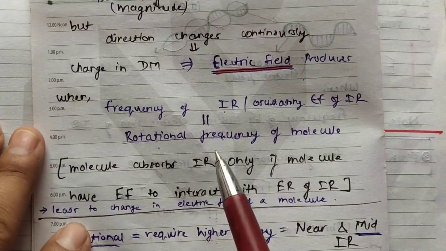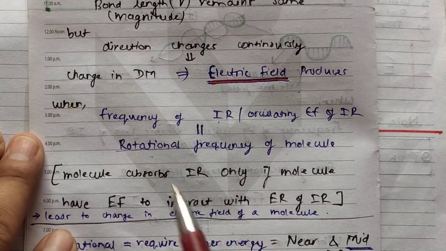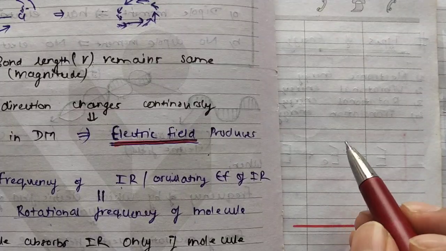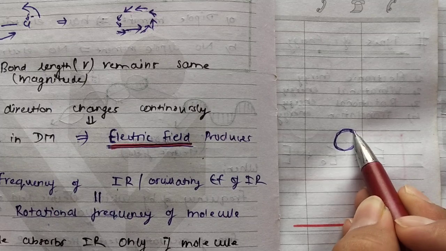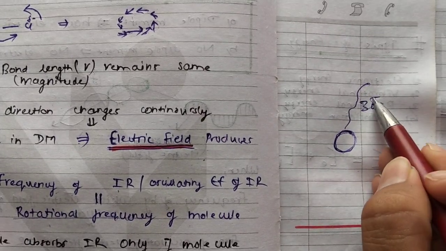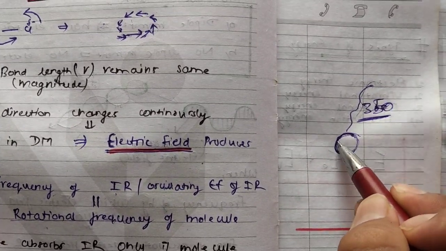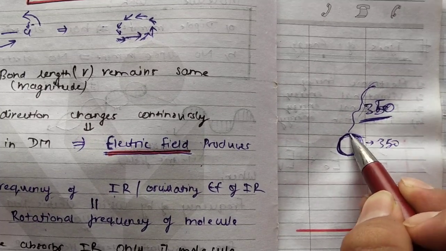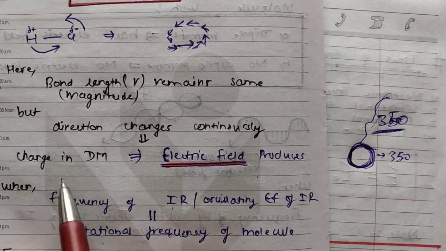If this rotational frequency of the molecule matches with the frequency of IR, then the rotation frequency will increase. Suppose a molecule is rotating with this frequency. Now if IR radiation with a frequency of, suppose, 350 falls on this molecule which has a rotational frequency of 350, what will happen? Because of the rotation there is a change in the dipole moment.